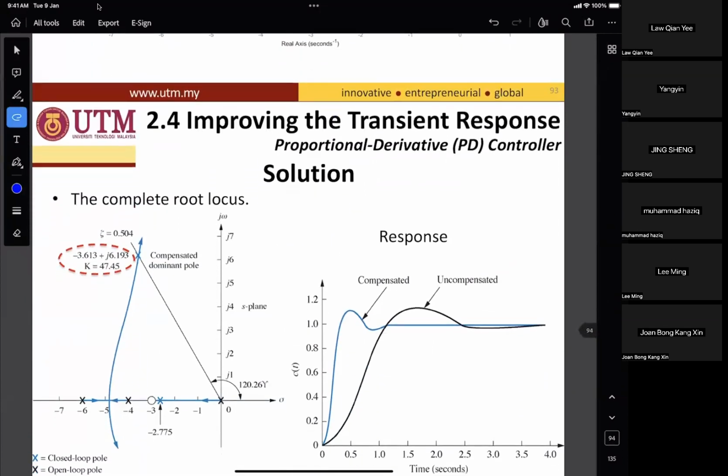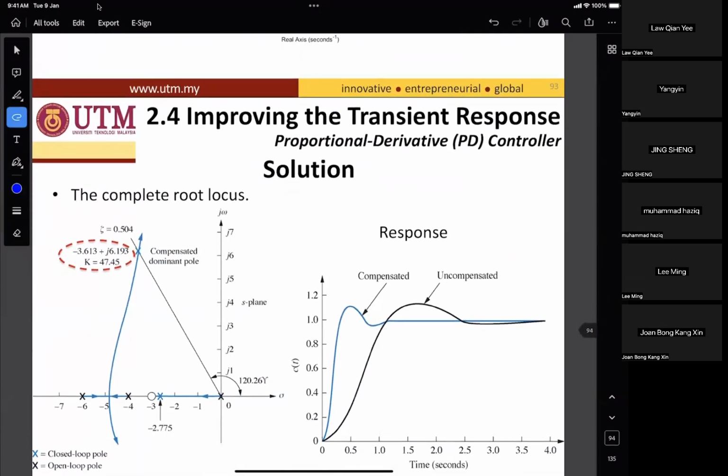So the complete solution is this one: at 0.504 zeta, which will give you a new dominant pole, minus 3.613 plus j6.193. K is equal to 47.45, the gain value, and the zero is here, and then this one is the third pole.